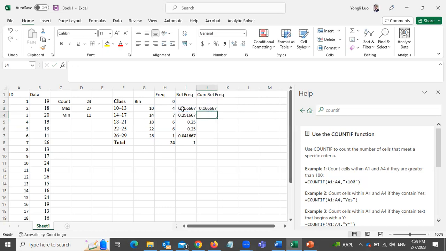The second cumulative relative frequency is the first one plus the relative frequency for the second group. You always add the previous cumulative relative frequency plus the new one. Press enter and drag all the way down. The last one is supposed to be 1 because that is 100%.